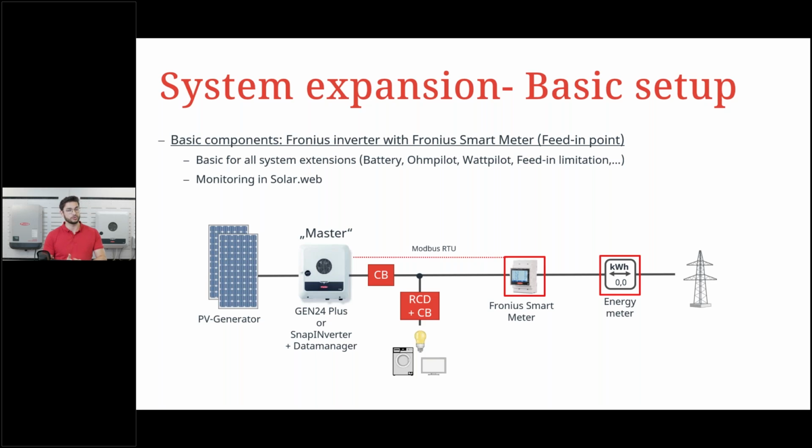We are able to add an Ohmpilot, a Wattpilot, a feed-in limitation, and if it's a Gen24 Plus, we can also right away add a battery to it. This is all possible with the standard setting. We can see where the Fronius Smart Meter sits, right at the feed-in point. We see the Modbus communication, the cable protection for the inverter, and also the RCD for the loads.